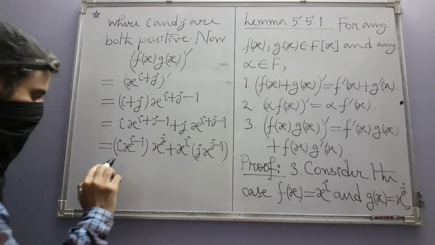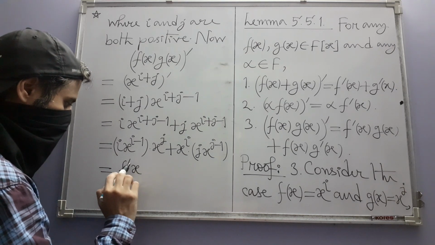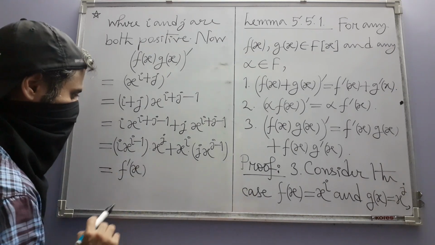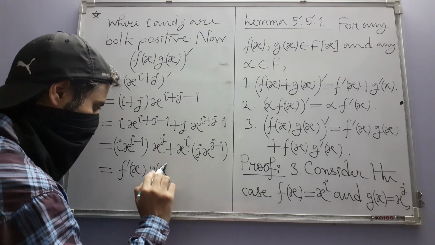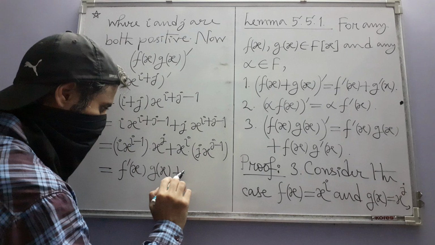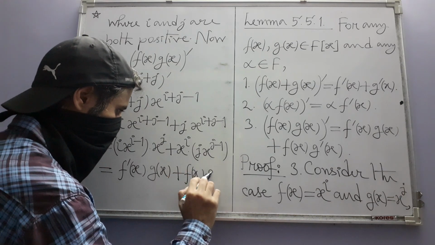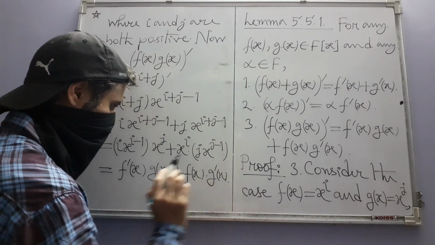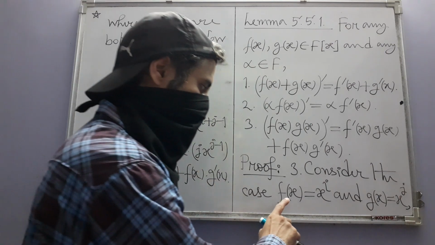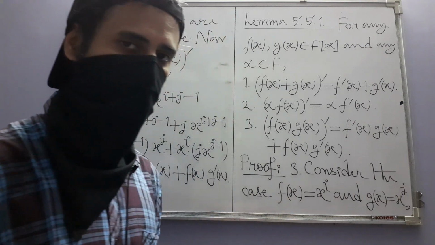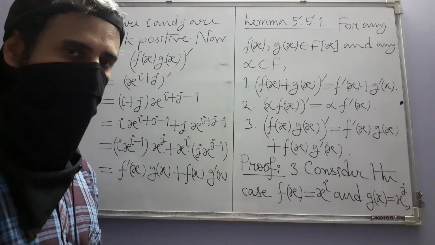Now this one is nothing but the derivative of f, and this one is of course just simply g. This one is f and this one is the derivative of g. So you see that in this very special case where both f and g are monomials, the formula is true.